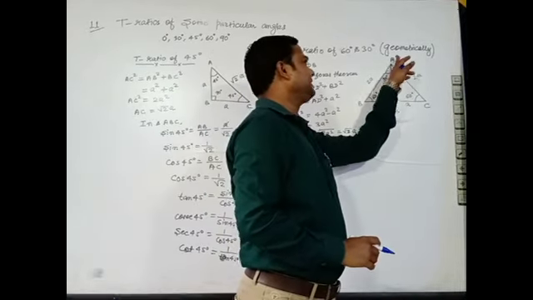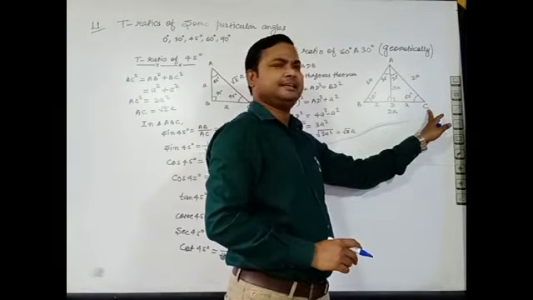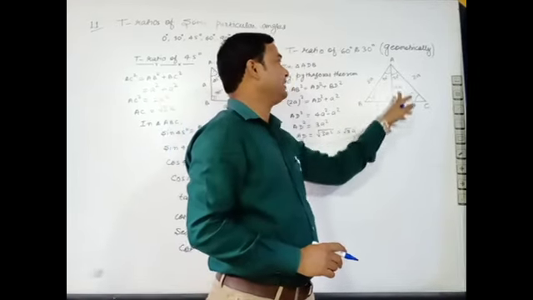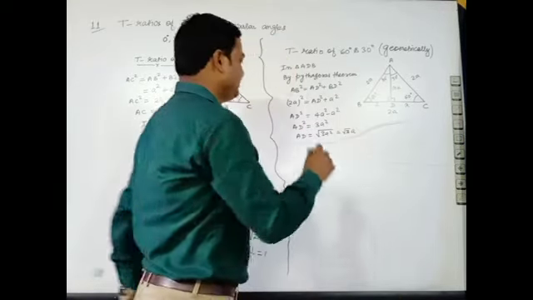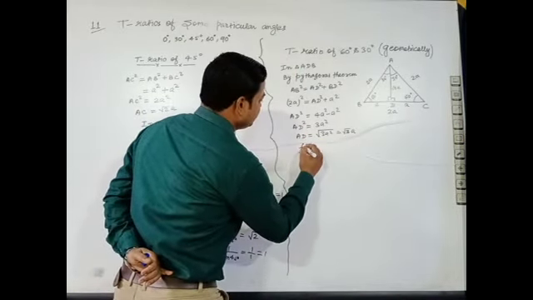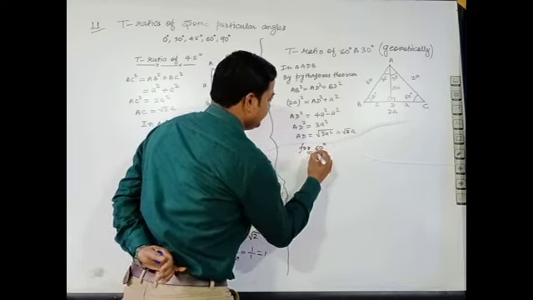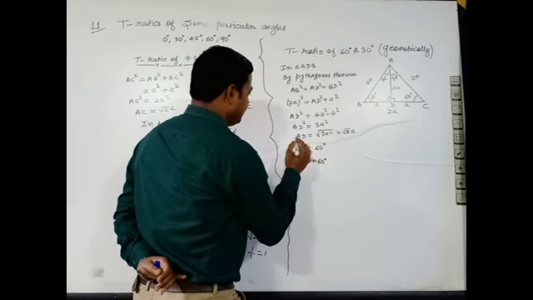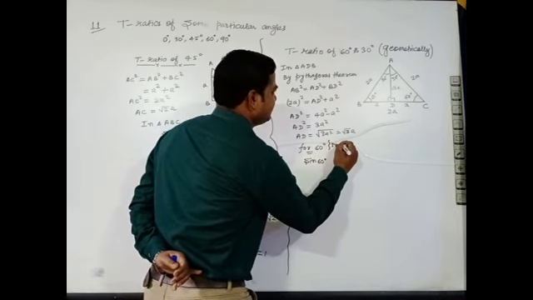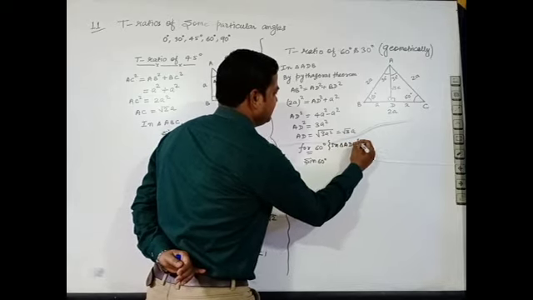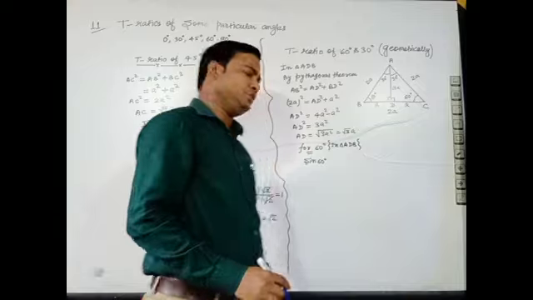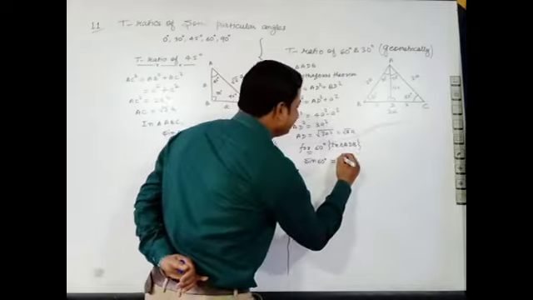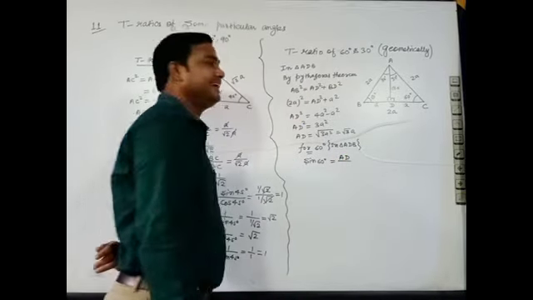Now in triangle ADB or either triangle ADC, all three sides are given. Now look here, for 60 degree, in triangle ADB or triangle ADC, as you wish, sin 60 degree equals perpendicular by hypotenuse, it means AD by AB.